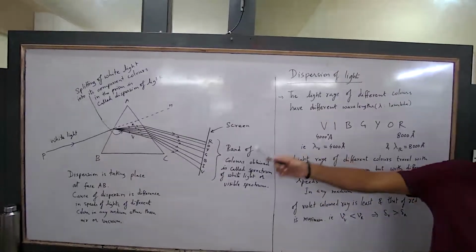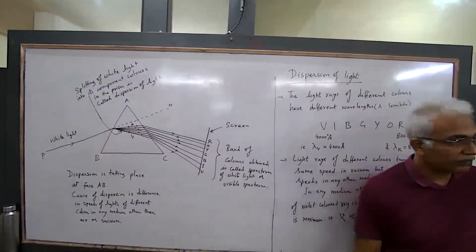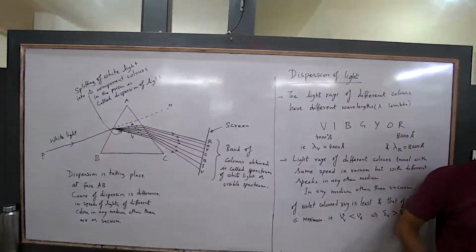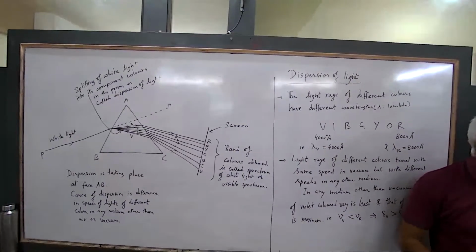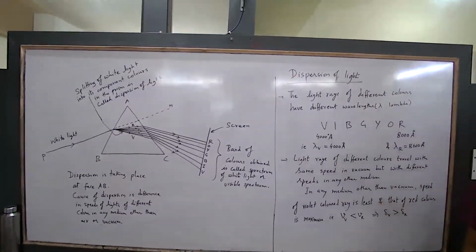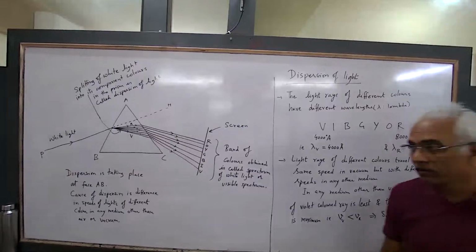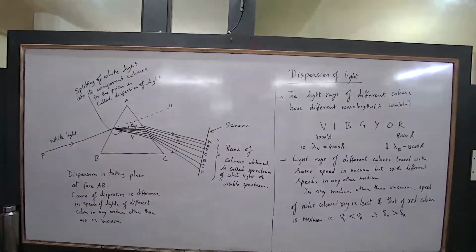So this is visible spectrum, and when you take the entire spectrum, it is called the electromagnetic spectrum, the full spectrum. I think today we have time only for this. Do you have any questions on what we did today?